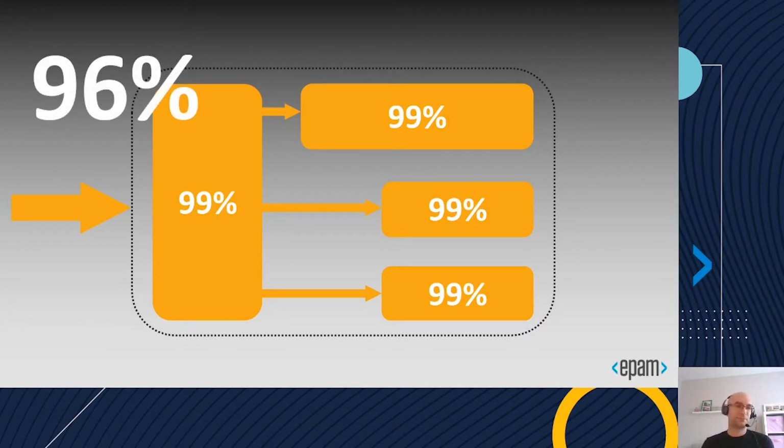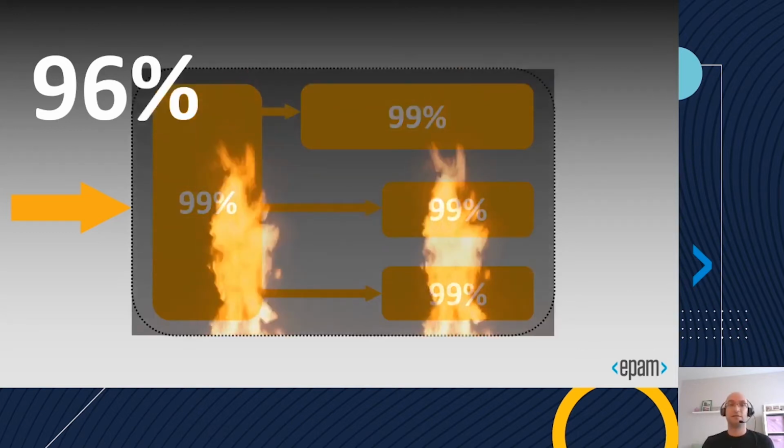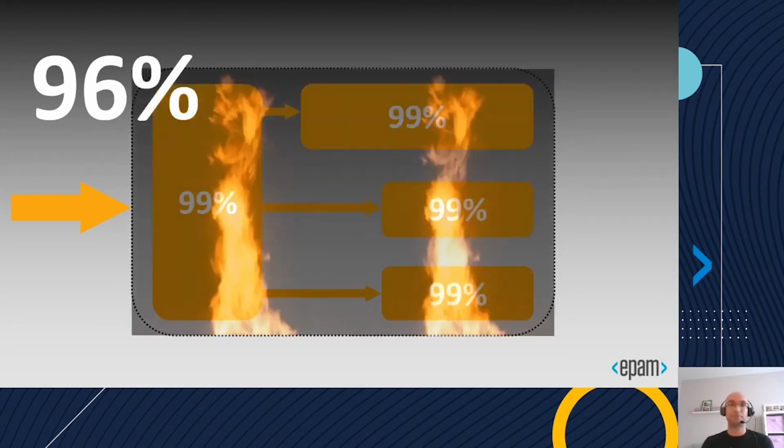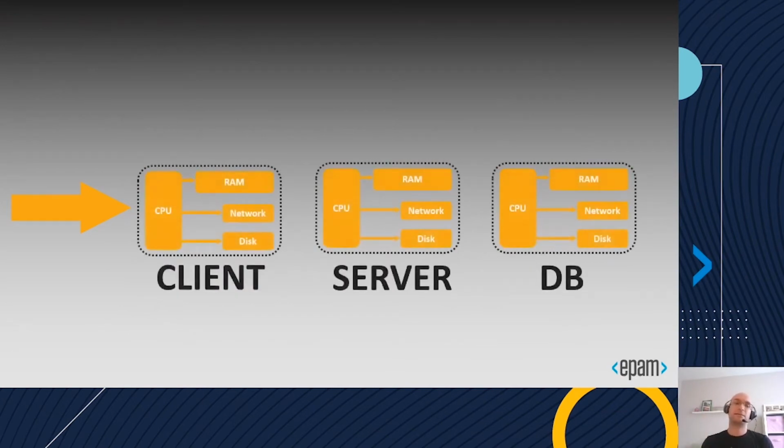Now, in today's world of microservices, there is no such architecture as single instance architecture. That's the fact. So usually you have something like what you have on the screen: a client talking to a server, talking to a database, right? So what happens when you increase the complexity by adding three machines that are dependent on each other?